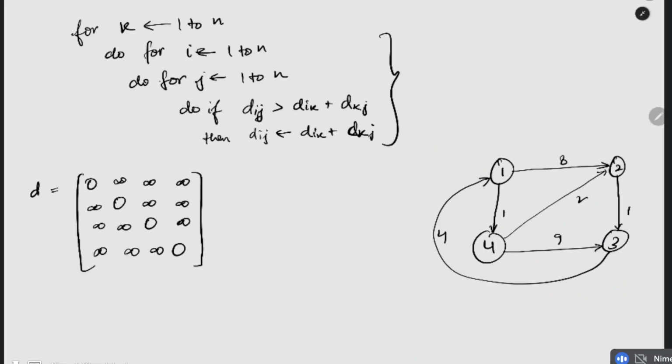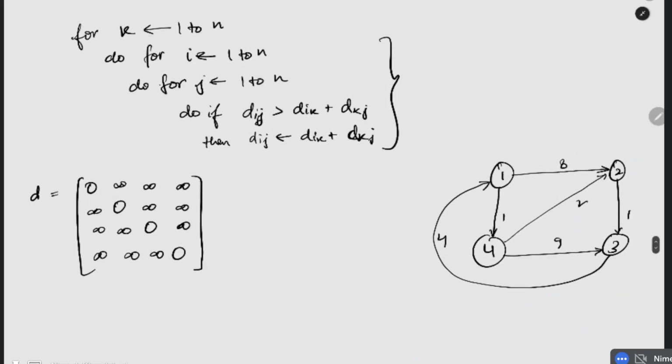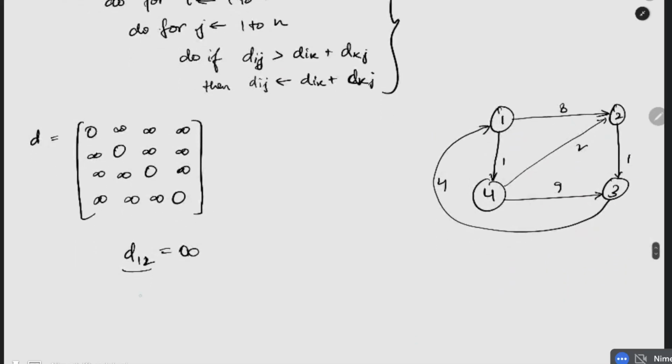Let's say d11 is right now 0, so that cannot be changed. So we go to d12, that is infinity. So k is 1, so d11 plus d12.